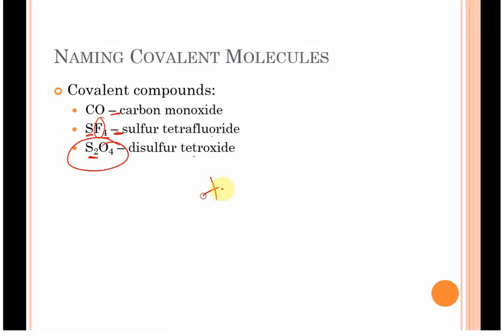Now guys, technically the prefix is tetra, oxygen should be oxide. Whenever there's 2 vowels, we typically get rid of one just to make it easier to say. My exams are multiple choice. You don't have to worry about these minor spelling issues. What you have to worry about instead are the spelling issues that could change the meaning, like for the polyatomic ions, sulfate versus sulfite.